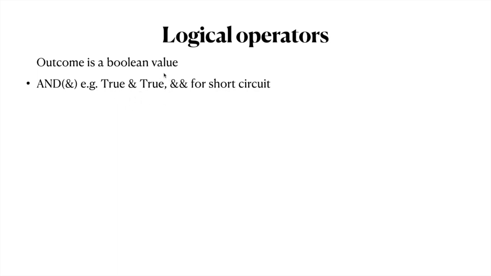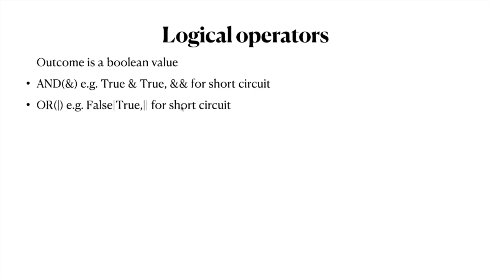So that's why we use the short circuiting, and it's good to use the double ampersand for logical purposes, so that it will be easier for the programmer to identify from bitwise operators. But the point is, you have to identify where you are using the operator.